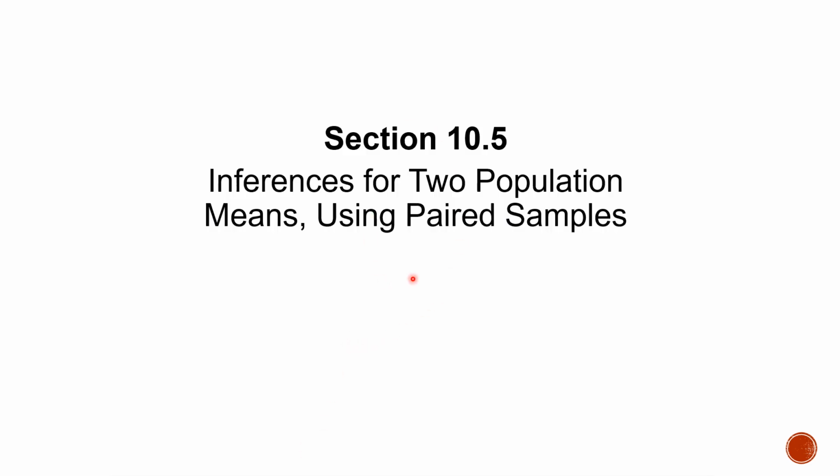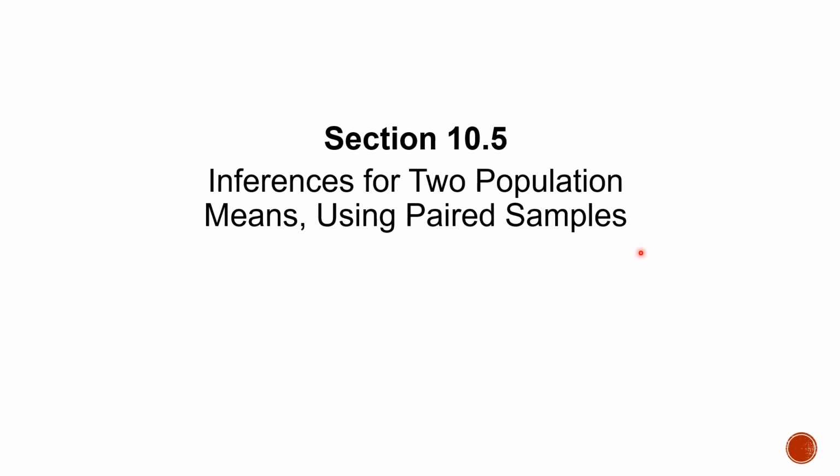We are now going to talk about the inferences for two populations, but this time using paired samples. Previously, we talked about independent samples, but now we will discuss how we can perform an inferential study using paired samples. Keep in mind, in paired samples there is a relationship between the two populations.